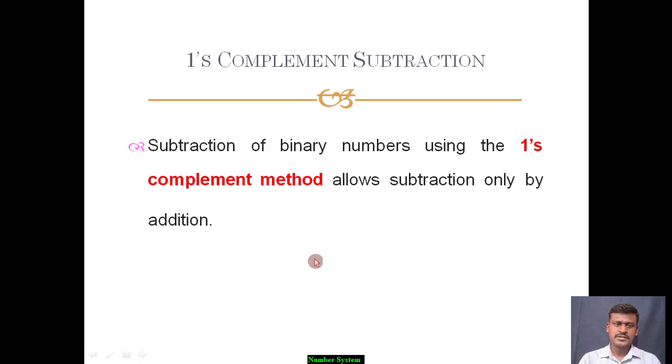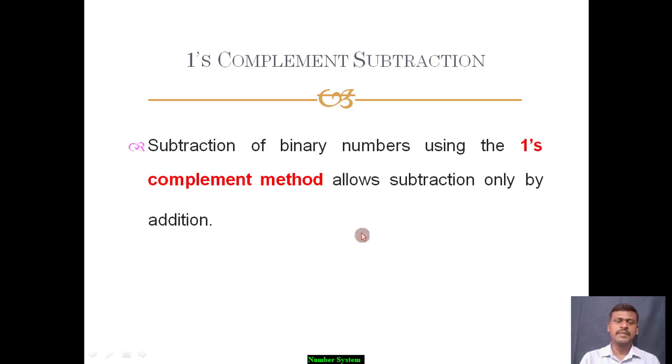This means we will take two numbers for subtraction. The number which is to be subtracted needs to be converted into ones complement, so that it can be added to the first value, right? We will see this using one example.